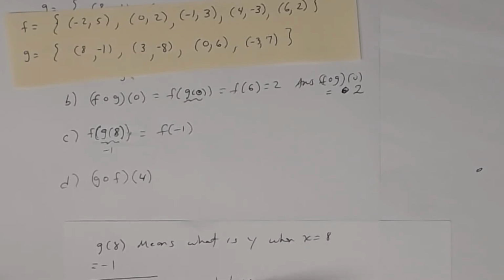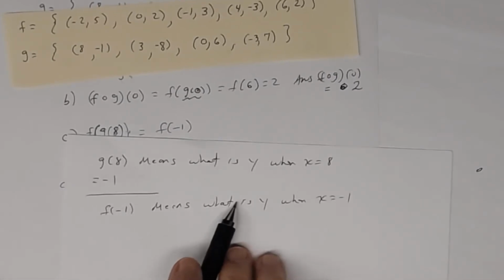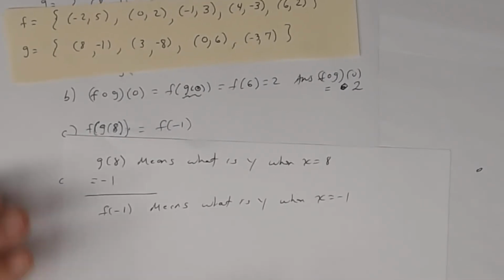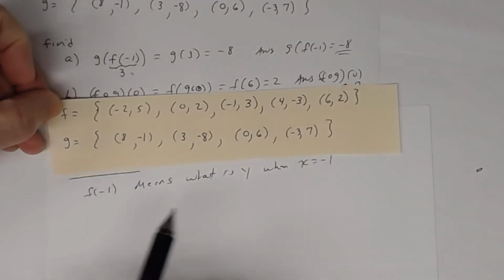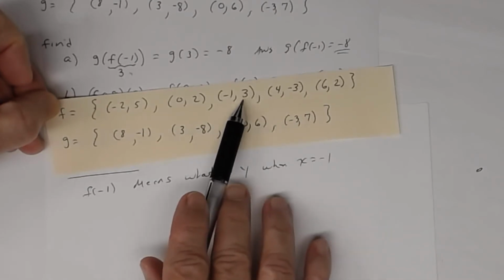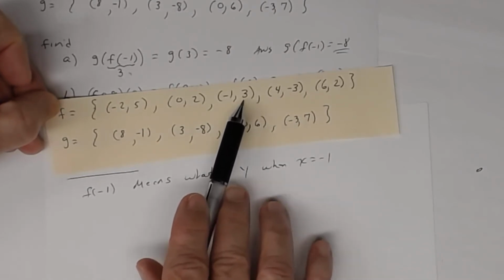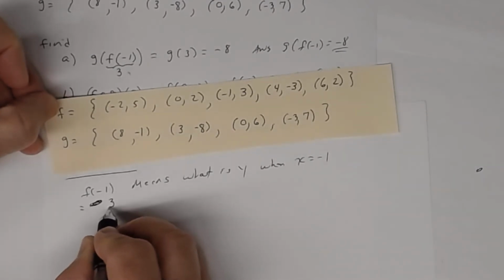F of negative 1 means what is y when x is negative 1. But remember, this time you got to go to your function f, and you got to find the ordered pair where x is negative 1. Well, x is negative 1 here. What's that y value? That y value is 3. So f of negative 1 is 3.